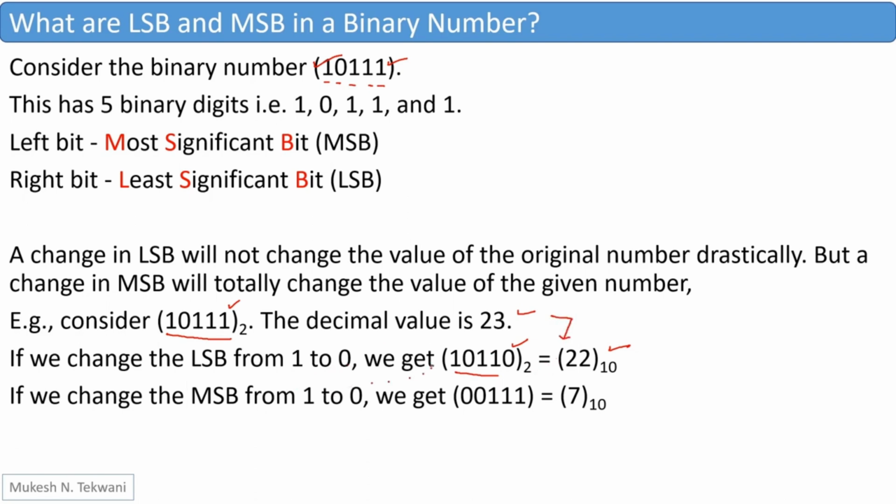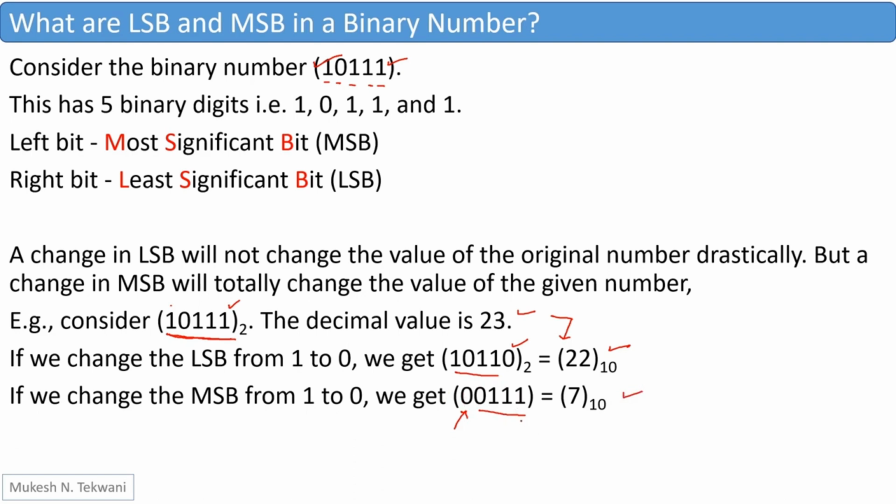But observe what happens if we change the most significant bit from 1 to 0. Again, here is our original number 10111. If the most significant bit is changed from 1 to 0, and we keep the other bits as they are in the original, and now if we convert this into the decimal equivalent, this gives us the decimal value 7.